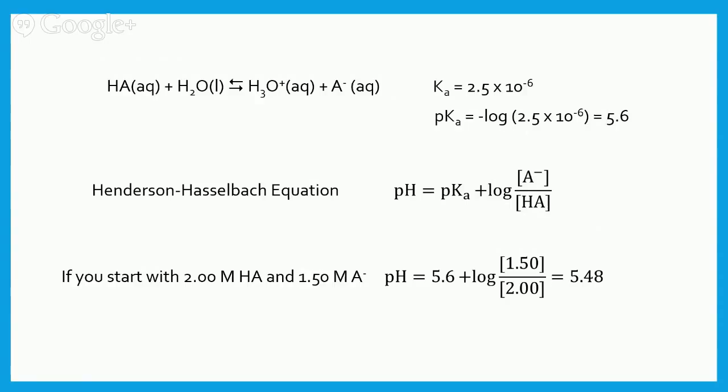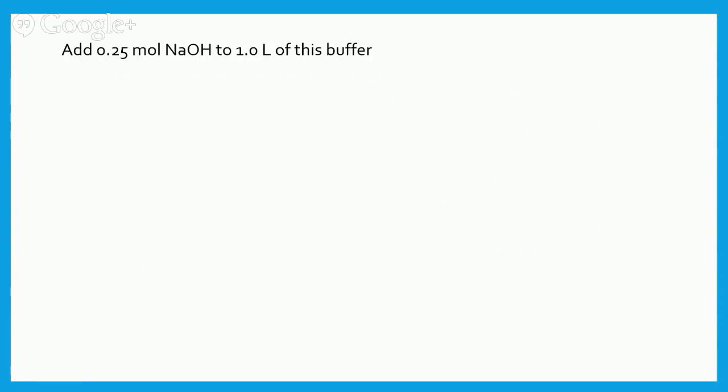So let's say you take this buffer solution and you add 0.25 moles of sodium hydroxide to a liter of this buffer. And using a liter is a little trick to keep things simple. That way the molarity and moles are the same number. We're also assuming the volume of the base isn't going to be significant.